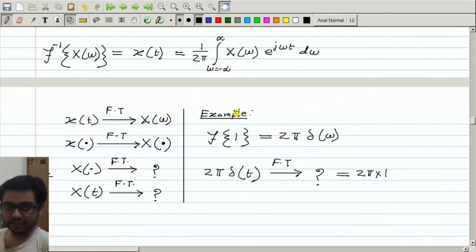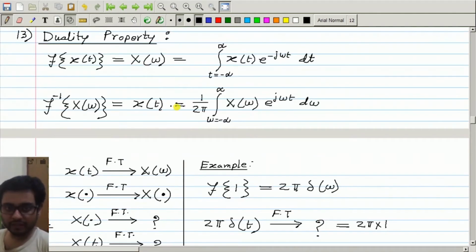Okay, let us begin from, say, this equation. Let me call it equation 1 and equation 2.